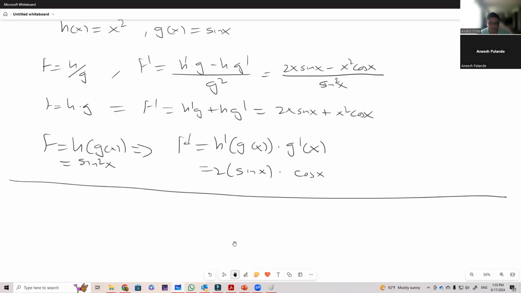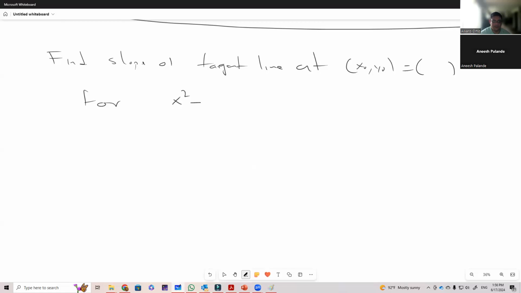So for example, a very common exercise that you come across is: find the slope of the tangent line at a certain point x0, y0, for the curve x squared minus 2xy plus y squared equals 1.